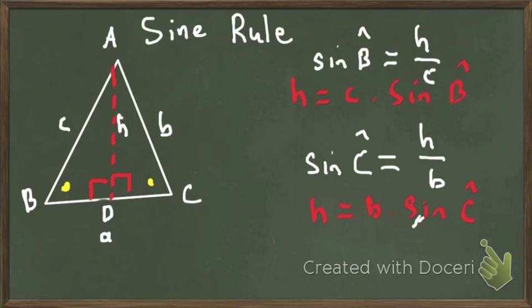Are those h's the same length in the triangle? Indeed they are. So couldn't I possibly equate those two together? If I did that, what would I get?